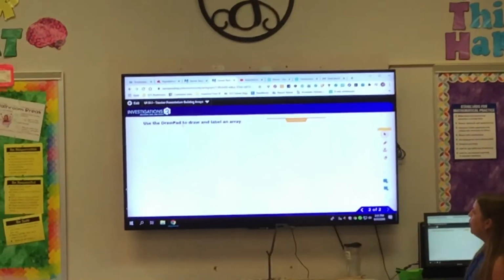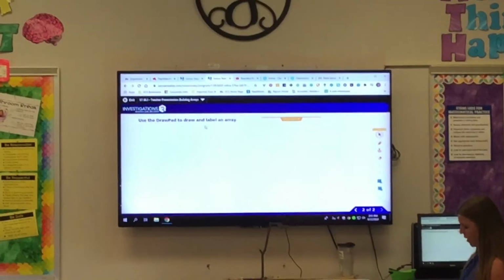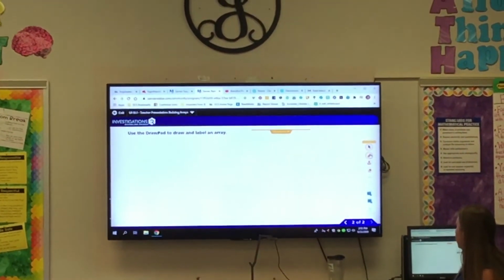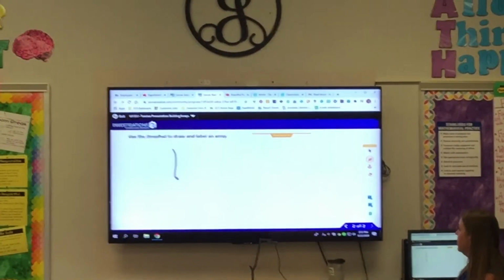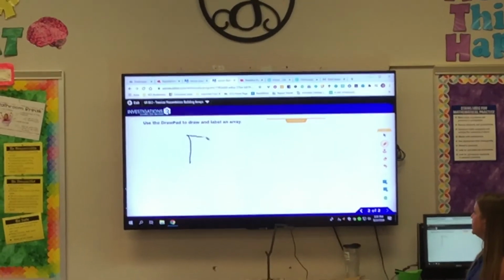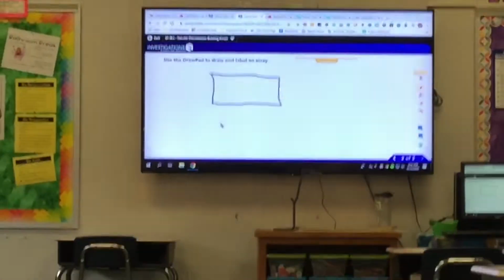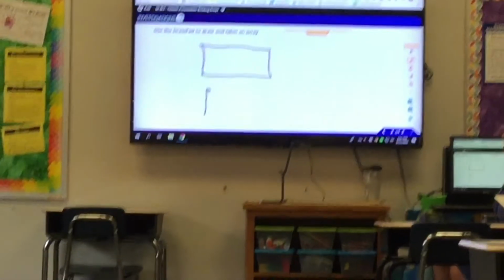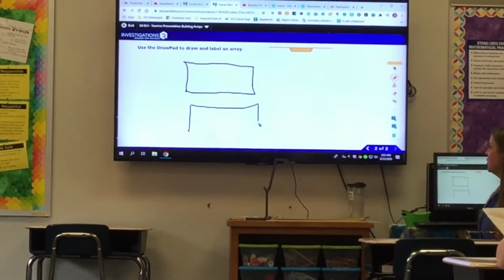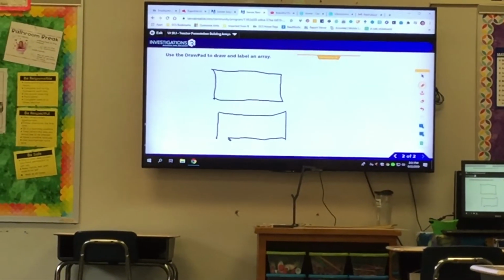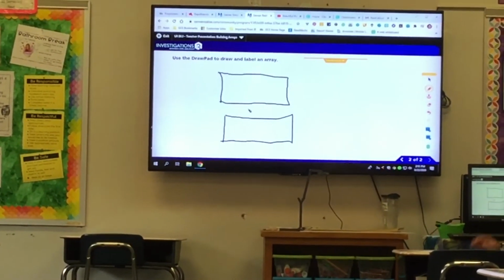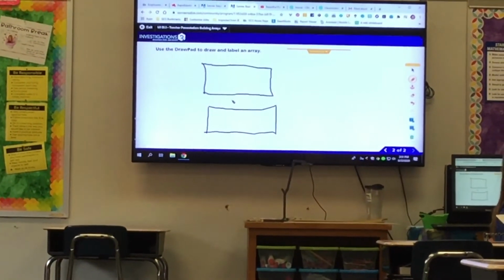I'm going to teach you and talk to you about drawing an unmarked array, okay? So draw your box. You already did this without me telling you that. And we'll talk about the example you just said, because she used what she learned in Quick Images and transferred it over to this.